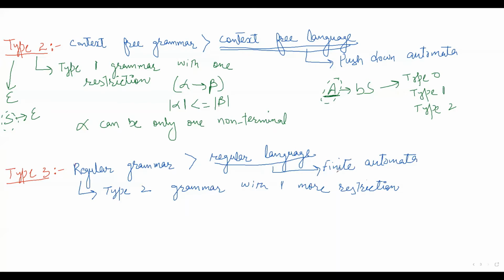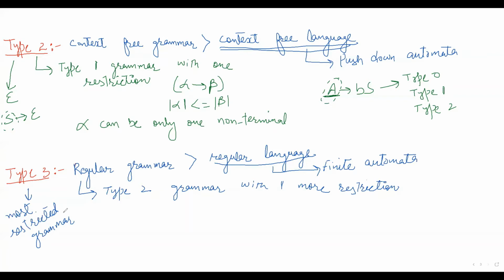Type 2 is type 1 with another restriction. Type 3 is type 2 with one more restriction. So this is the most restricted grammar, and you can see that it is a subset of type 2 grammar. Type 1 is a subset of type 0, type 2 is a subset of type 1, and type 3 is a subset of type 2.